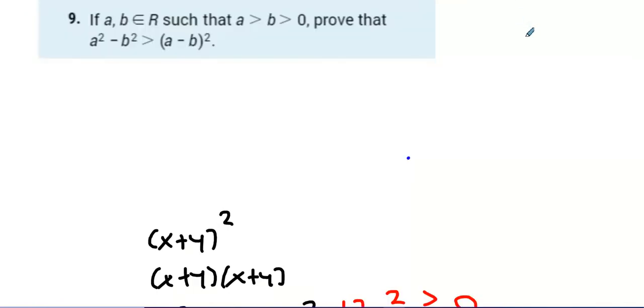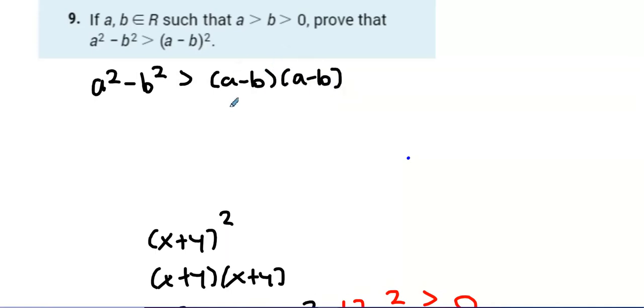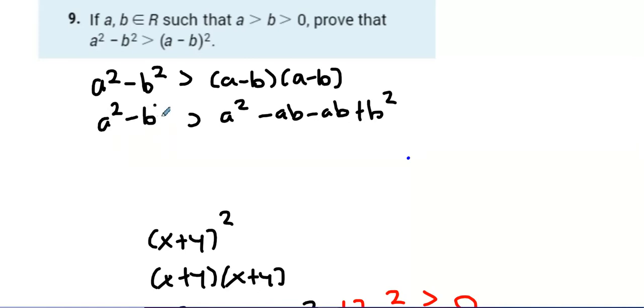All right. Everybody look up. A squared minus b squared is a minus b by a minus b. Square that out. You're going to get a squared minus ab plus b squared. On both sides, you'll see an a squared. The a squareds cancel.